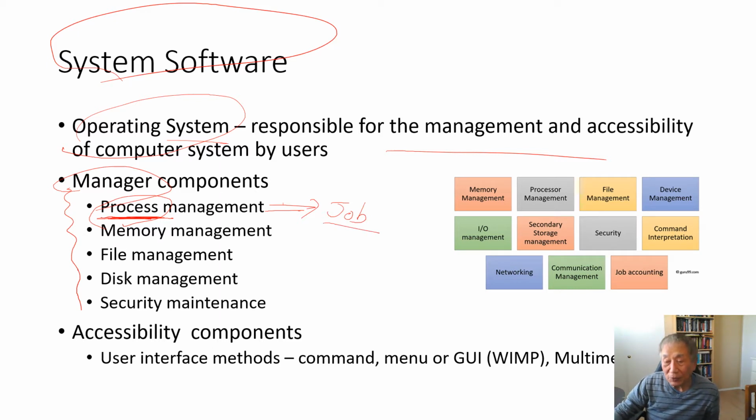For example, if you are using a computer, you are not just doing one thing. Sometimes you're doing many things at the same time. You are watching YouTube while writing your letter, and meanwhile you do some computation, and also you are listening to a lecture, or composing something, or drawing something. So many things can be done.